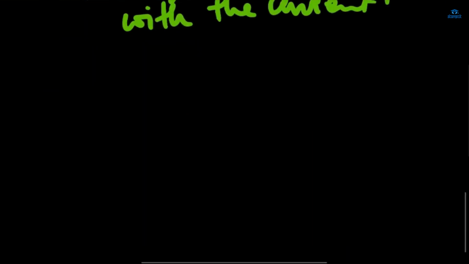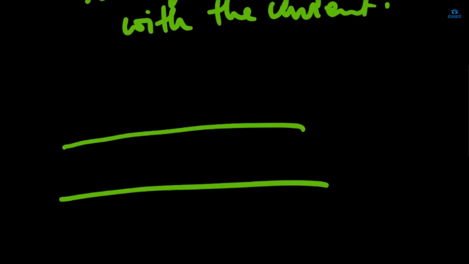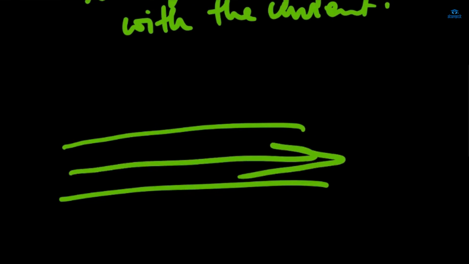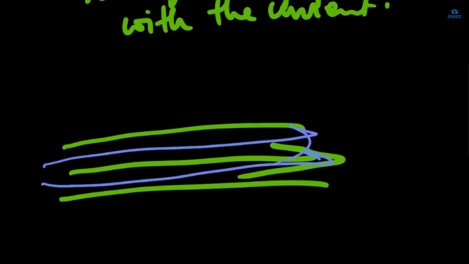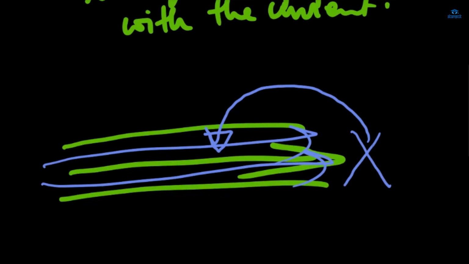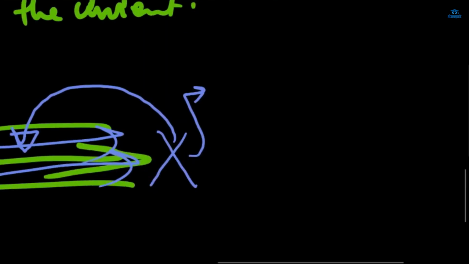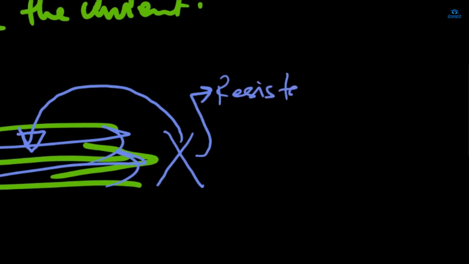Yes or no? Current wants to flow in the circuit, but something x is there, which is applying some resistance to resist the flow of current. This is what we call resistance.